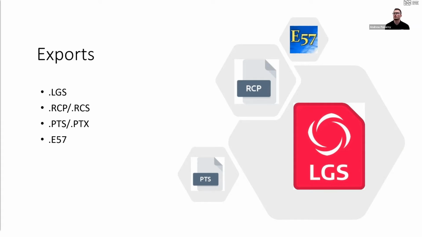Those RCP files work pretty seamlessly between them, so that's a common one that we put out. PTS, PTX and E57 are raw point cloud files that are pretty universal between programs. They help us get between programs at times, and can also be a good deliverable should the client or owner be unsure of what program they're going to ultimately use in the long run.